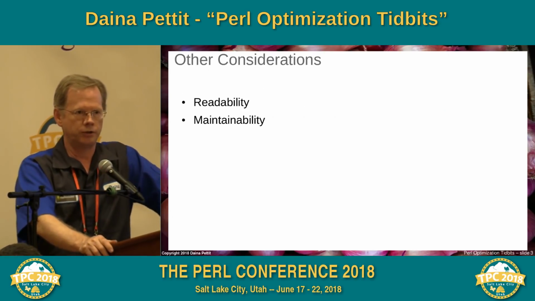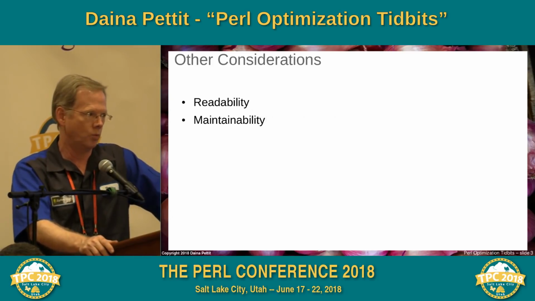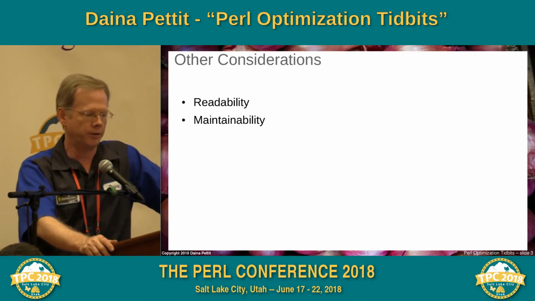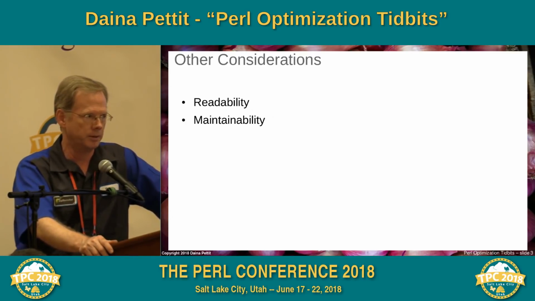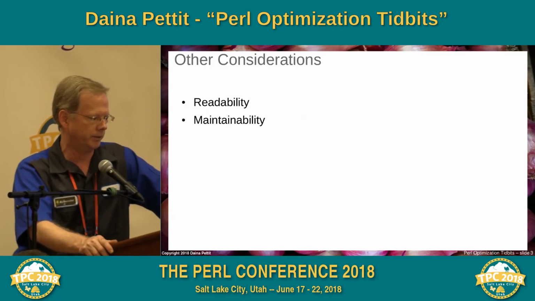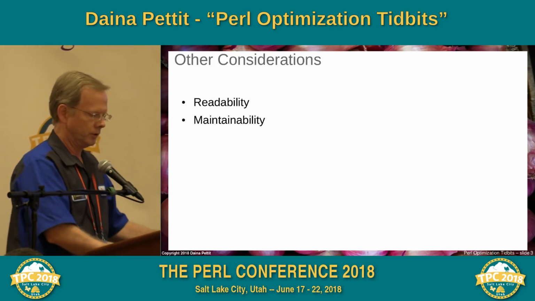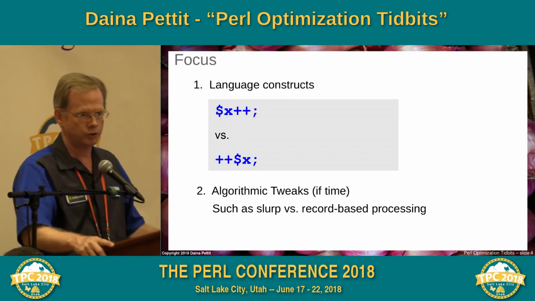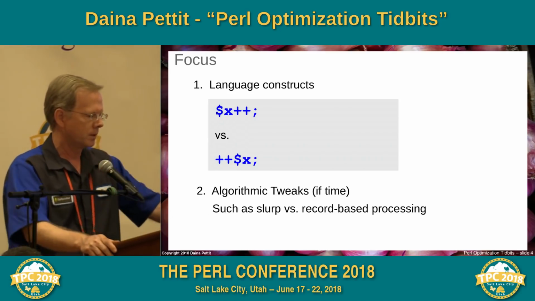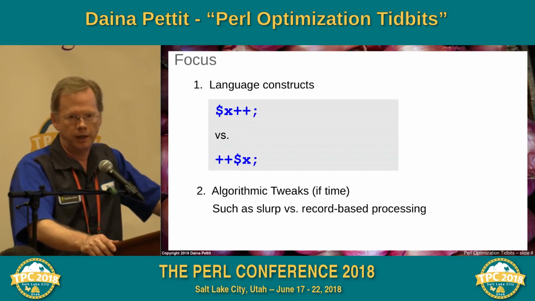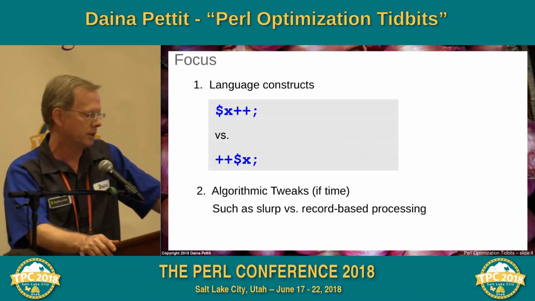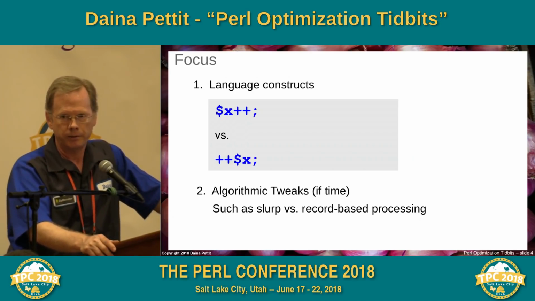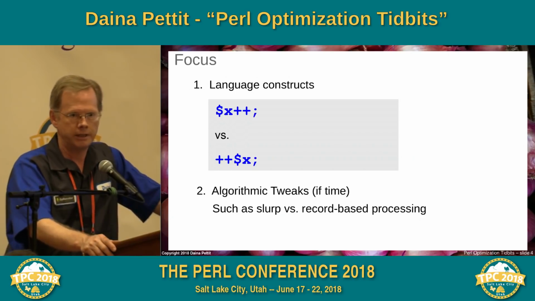So some of the considerations about why we would bother with one version of a line of code over another are readability or maintainability. Those are usually big issues because it costs us a lot of money for somebody to sit there and figure things out. We're going to focus primarily on language constructs. So things like, does a post auto increment like $x++ make any difference compared to a pre-auto increment, ++$x?